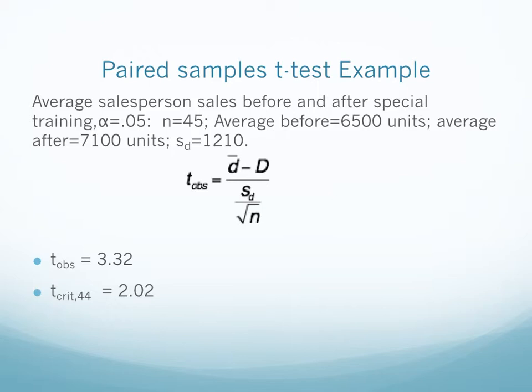We compare that to the t critical value for 44 degrees of freedom, which is 2.02. Since the observed t is greater than the critical value of t, we conclude that we are 95% confident that indeed the sales after the training were greater than the sales before the training.